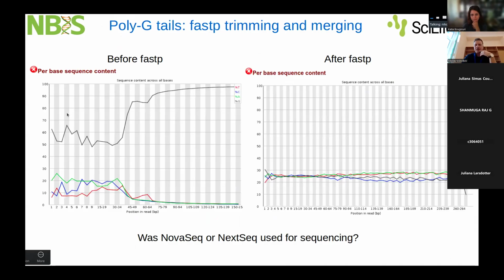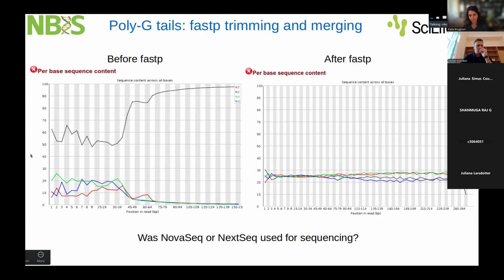The second thing is that if you happen to work with NovaSeq and NextSeq technologies, it turns out that these are two-color technologies, and there is a natural over-representation of the G nucleotide. When you check the FastQC quality control metrics, you would see this particular increase of the G nucleotide.